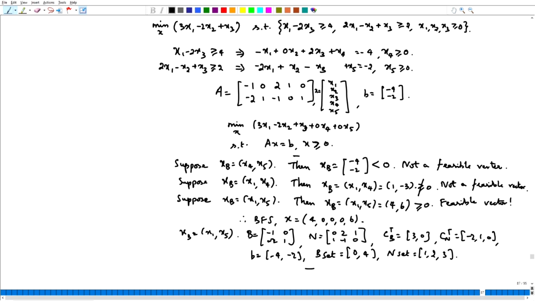because in each of the cases I was seeing at least one of the components of the basic variables being negative, right. So, imagine you have a 100 dimensional problem, and you have to choose 50 linearly independent vectors.